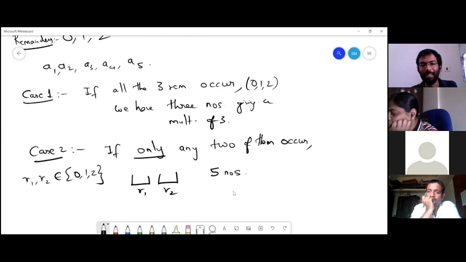So now in this scenario, will that happen? In this scenario, we have two remainders, R1, R2, and we have 5 numbers. These numbers will go either here or here. So now will the condition that you say get satisfied?